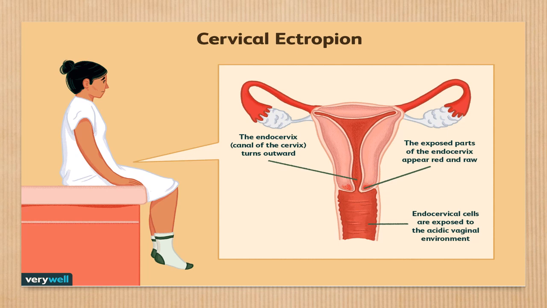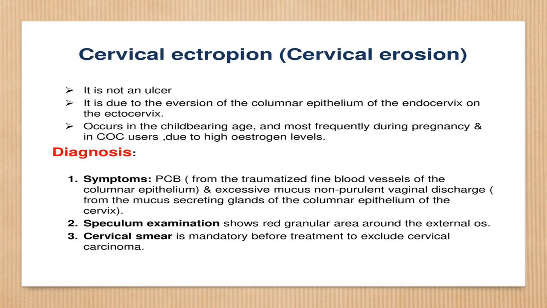One mature epithelium, that is columnar, is replaced by squamous epithelium. So ectropion is not an ulcer. It is due to eversion of the columnar epithelium of the endocervix into the ectocervix. It occurs in childbearing age and most frequently during pregnancy and with combined contraceptive users due to high estrogen levels.